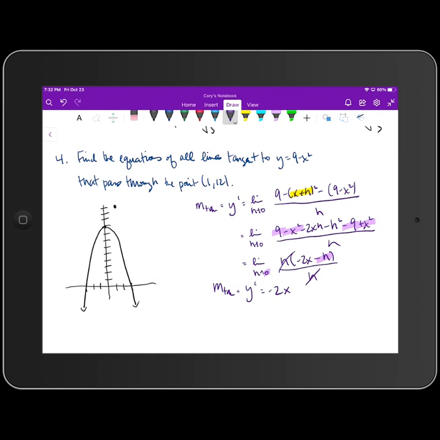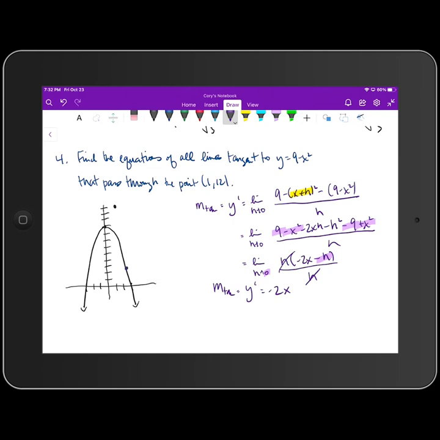The problem is I don't know where to evaluate y prime at, because I don't know where the point of tangency occurs. Okay, so this is where we need to think. If I want to calculate where the point of tangency occurs, we know that our tangent line has to touch our curve at some point.